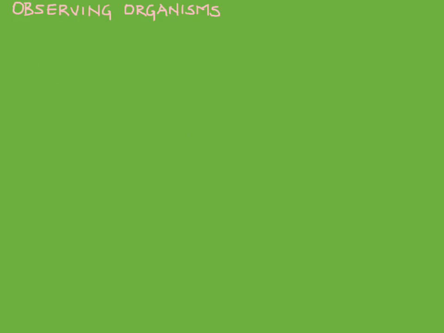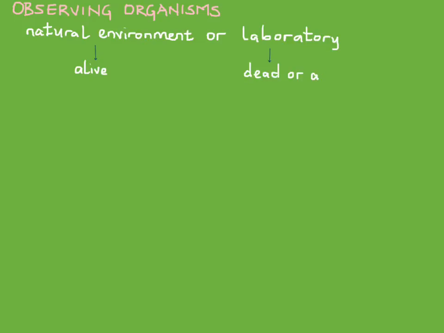Organisms can be observed in their natural environment or in the laboratory. When in their natural environment, organisms are often observed alive, whereas in the laboratory, they can be observed alive or dead.